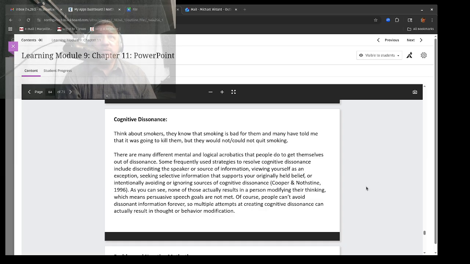We only use parts and pieces of the information that support our own beliefs, but not what the speaker's trying to tell us. Or we just ignore all of it altogether. As you can see, none of those actually results in a person modifying their thinking, meaning the persuasive goals are not met. But people can't avoid dissonant information forever.